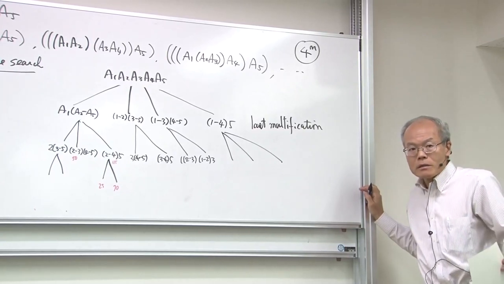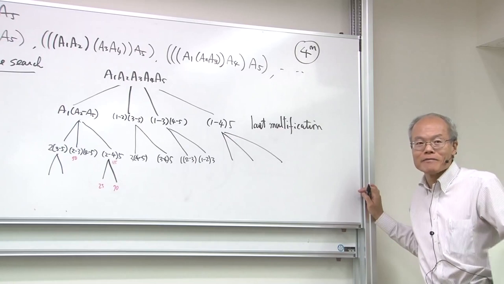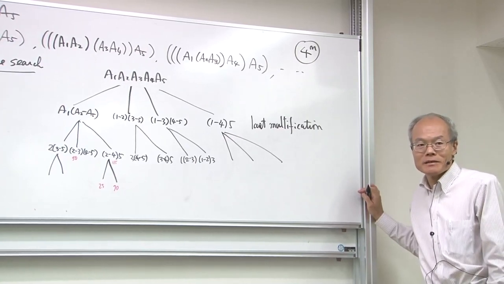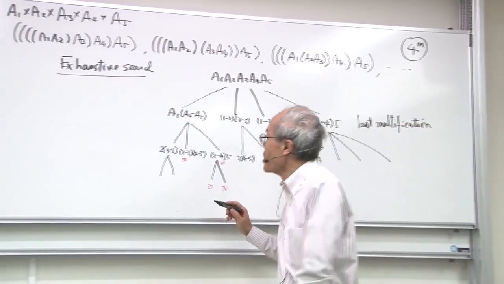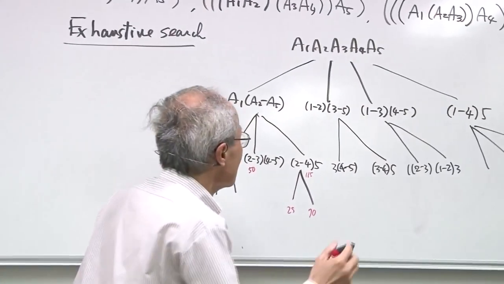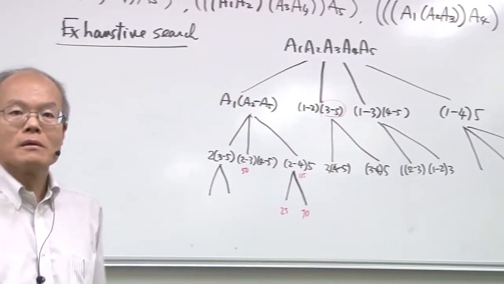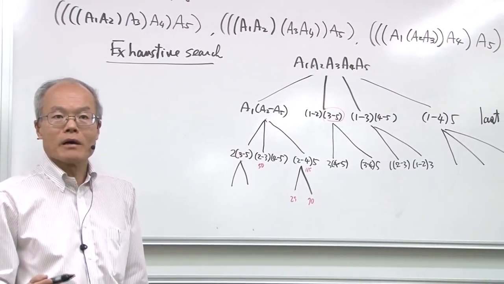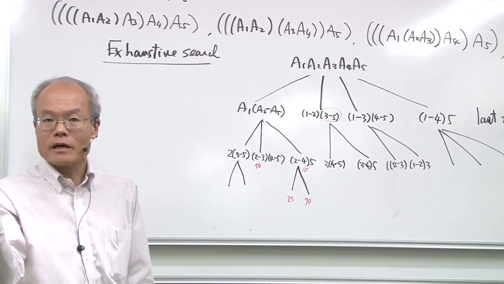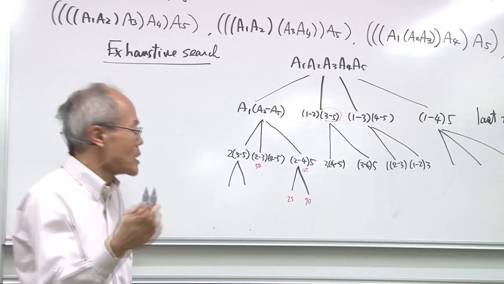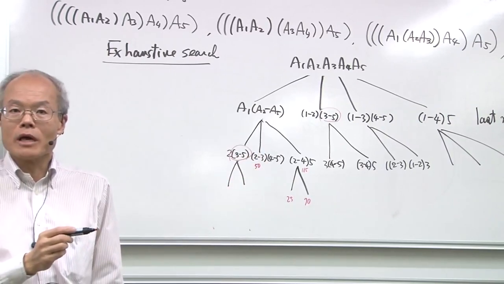Okay. Now the idea of DP comes in. Look at this. You know, the amount of operations to multiply 3 to 5. Oh, the same thing is here. Okay?